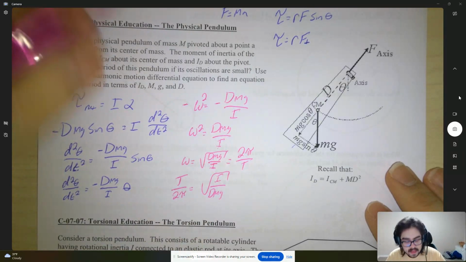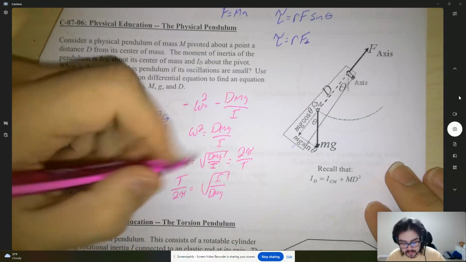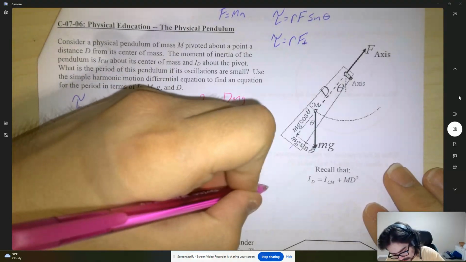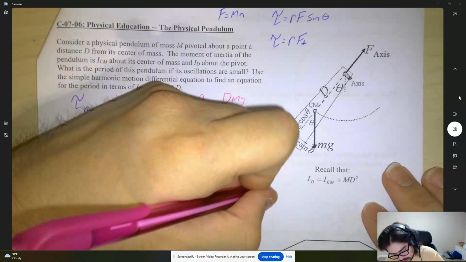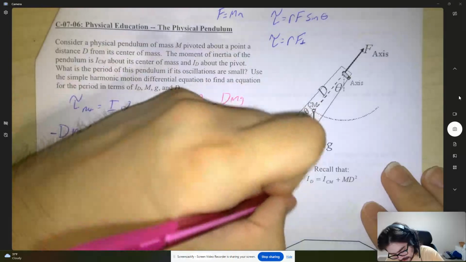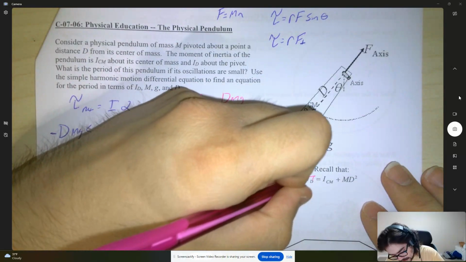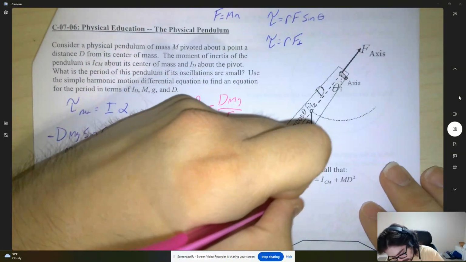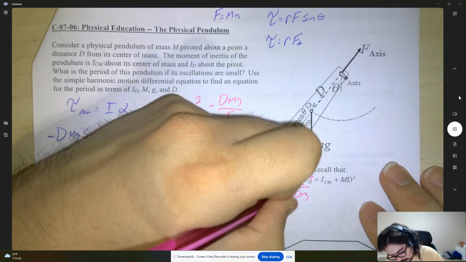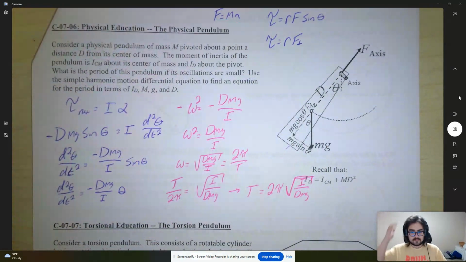Then multiply both sides by 2 pi, and you should end up getting the period for a physical pendulum is equal to 2 pi root I over dmg.